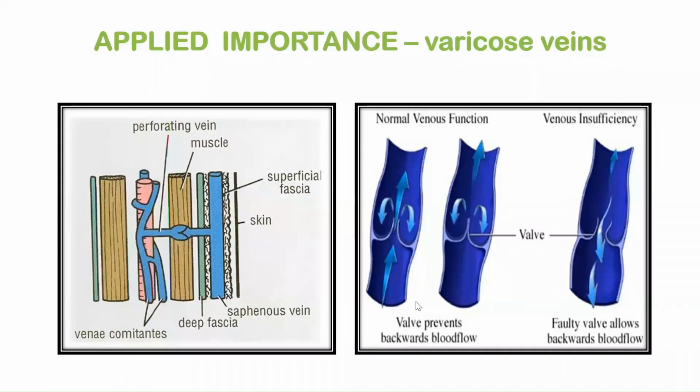This is a picture showing the function of the valves. Here, the valves present in this vein are allowing the blood to flow unidirectionally from downwards upwards. And when this column of blood over here is trying to flow backwards, the valves are closing. In this picture, we can see the valves are incompetent, and the blood from this column flows back into the lower column.